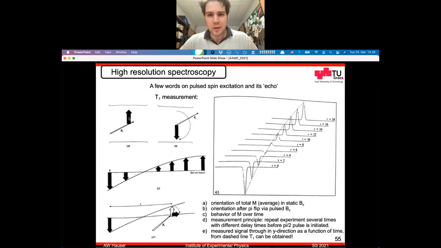Look at this. You start again with the magnetization in the ground state, so everything is aligned, for example, with magnetization pointing upwards. And now you come in again with an excitation through a B field along the x-axis.